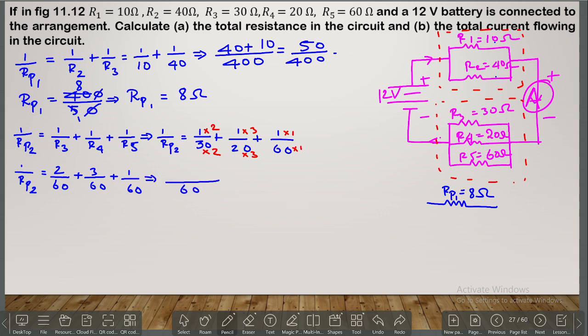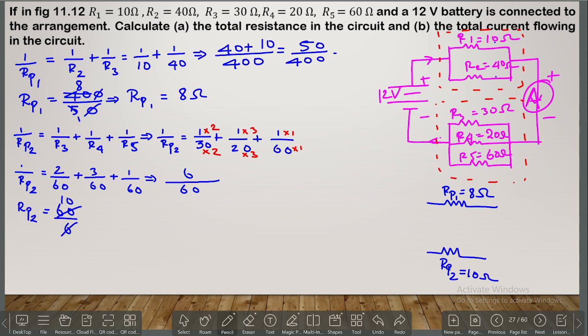Add all the numerators: 2 plus 3 plus 1 is 6. This is 1 by Rp2, but we need Rp2. Rp2 is equal to 60 by 6, which is 10.